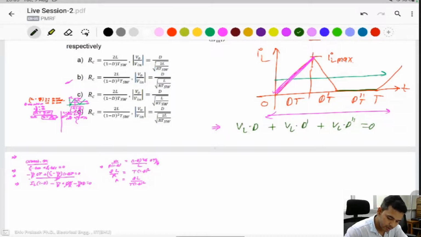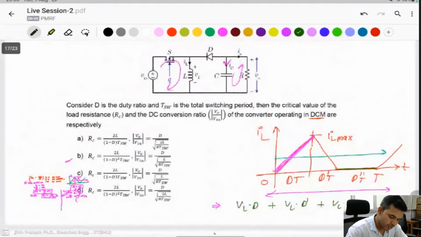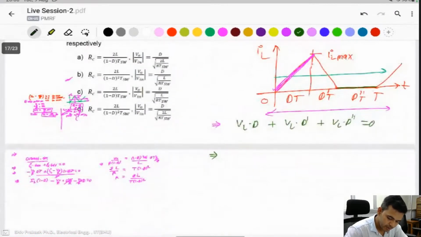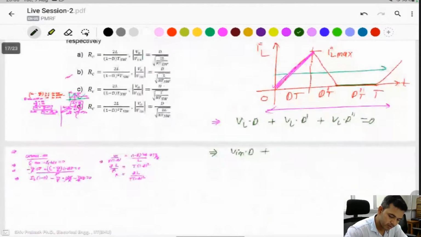And VL when the switch is on is V in, into D, plus VL in the off state, the same as V naught.